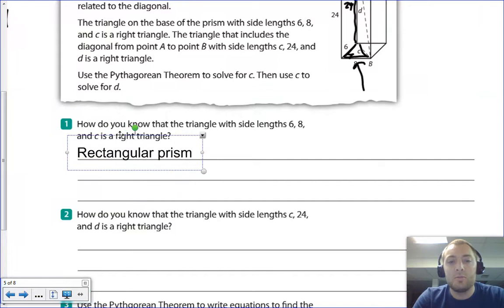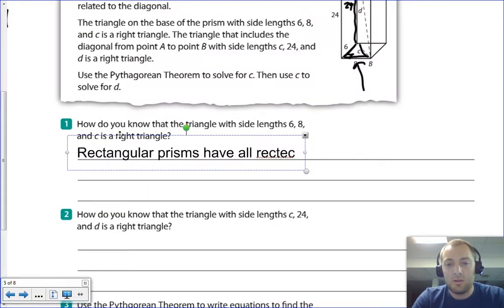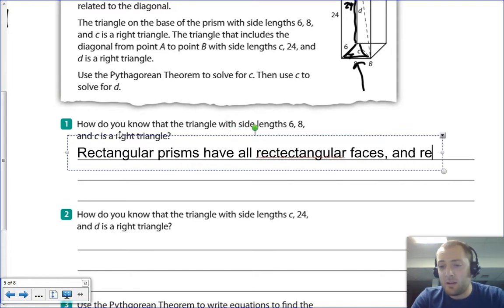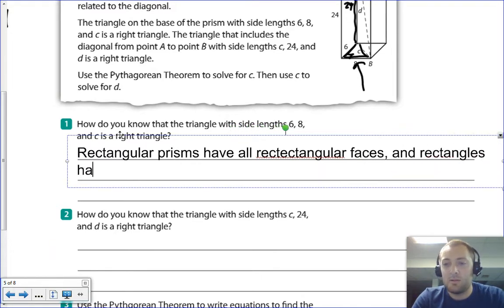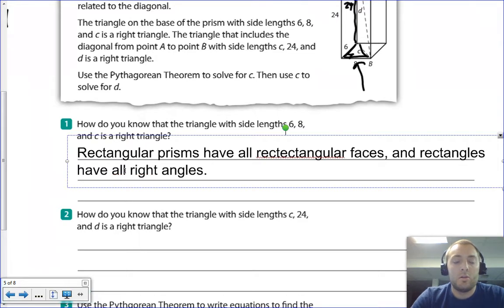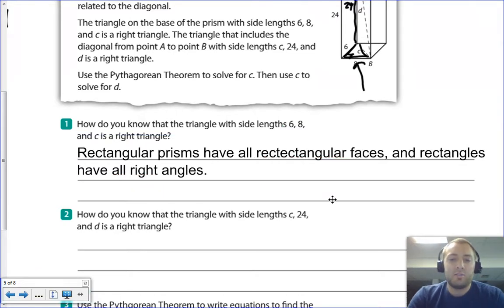Rectangular prisms have all rectangular sides or faces, and rectangles have right angles. And so because of that, we know that that angle is a right angle. So we have a right triangle.